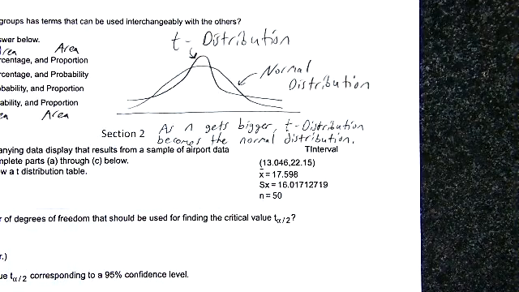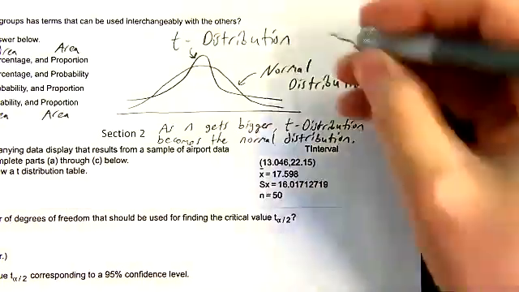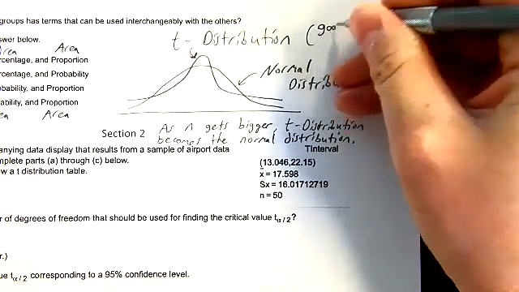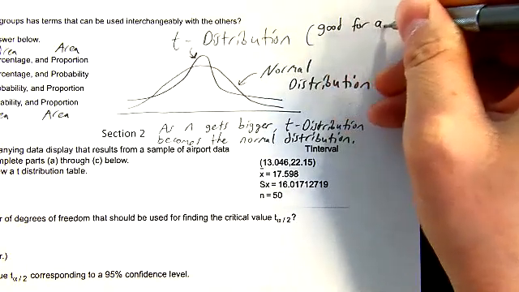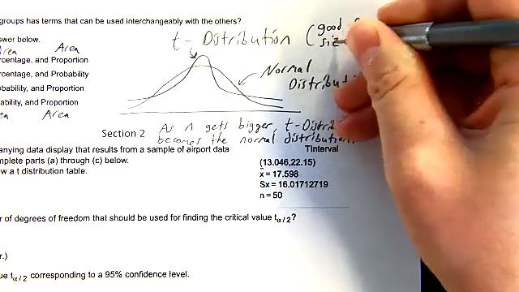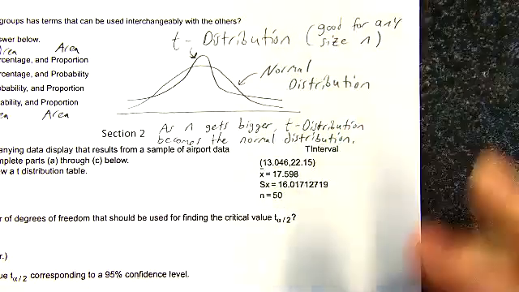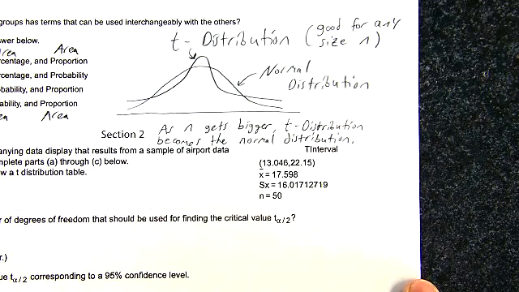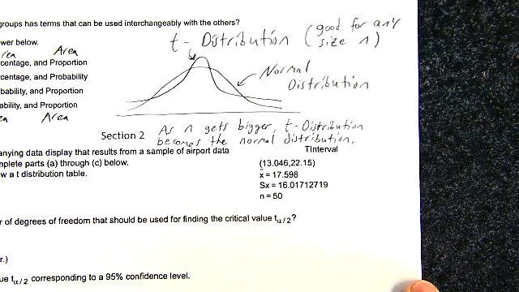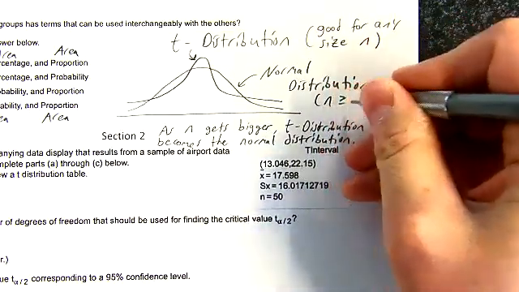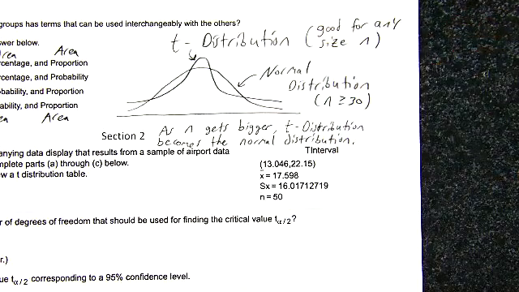So why do we use it then? We use it because the T distribution is good for any size n. If you remember, we were very cautious about the normal distribution. We said for the normal distribution, n should be bigger than or equal to 30.